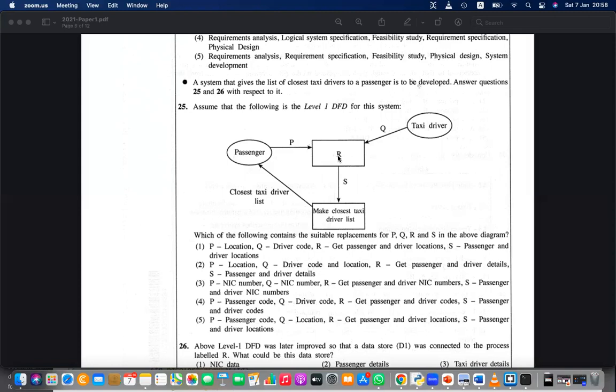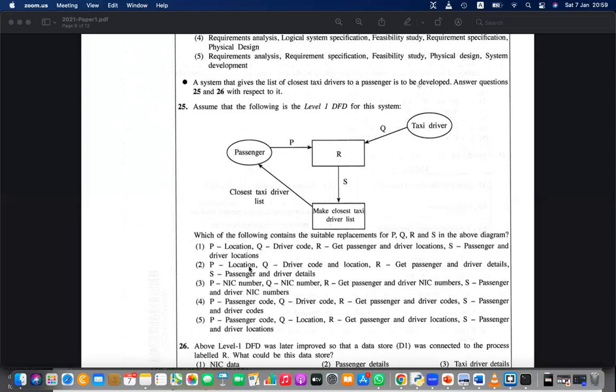Let's see. R is basically some kind of activity. Get passenger, driver locations. Yes, we can take that as an activity. Get passenger, driver locations. For that, passenger fee, how to get the driver location? Basically, you have to query the location. You have to ask the location, right?